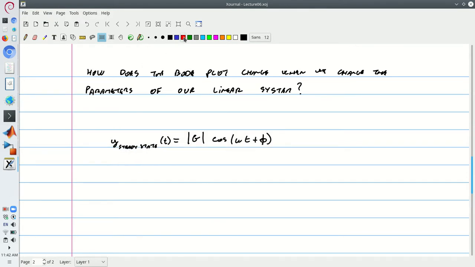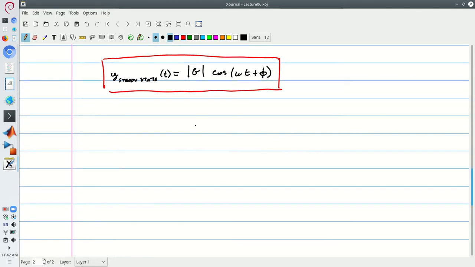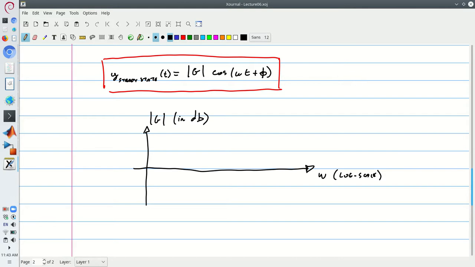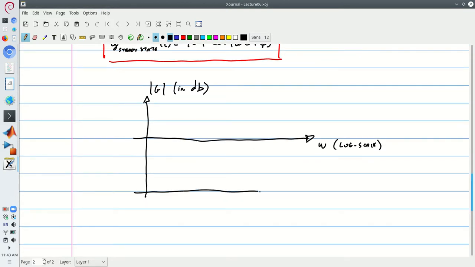I know that my steady state has this expression here, and the Bode plot is nothing but the plot with omega in log scale of the amplitude gain in decibel, and also, as the second part of the Bode diagram, we have the phase phi.